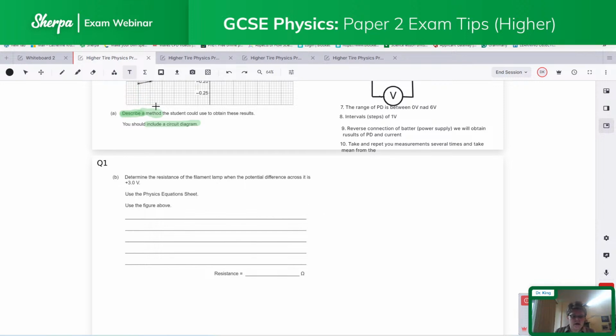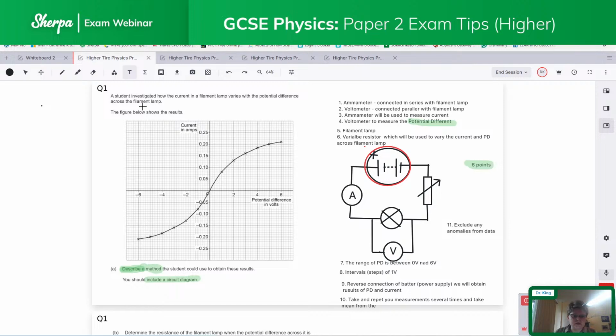So: determine the resistance of the filament lamp when the potential difference across it is plus 3 volts. Use the physical equation sheet and use the figure above. So they refer to the figures from the diagram.